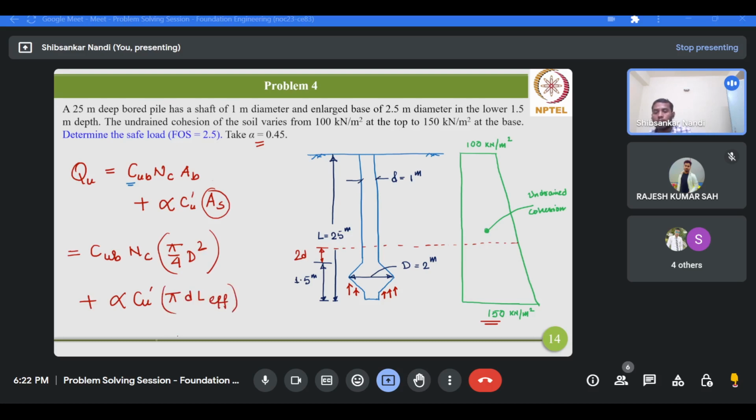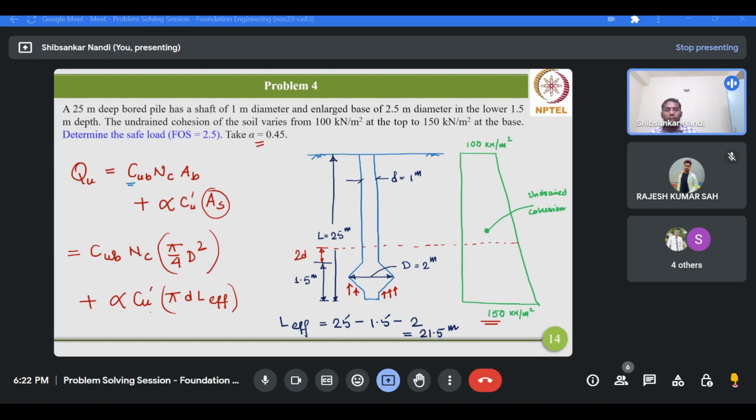Now what is L effective? We can calculate it here. L effective is the total length, 25 meter, minus the length of the bulb, 1.5, minus 2 times D, that is 2 meter, since D is 1. So 25 minus 3.5, therefore 21.5.